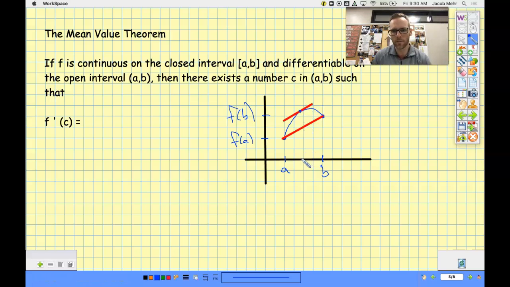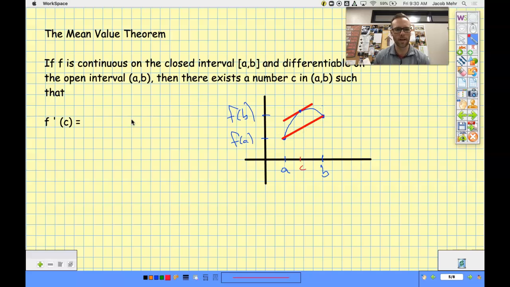Here's my c, right there. Let me put that in red instead. So we're seeing the slope of the curve is equal to the slope of the line between these 2 points. So what are we going to say here? F prime of c equals what? Well, what's the slope of the line between these 2 points? This is f of a and b, f of b.